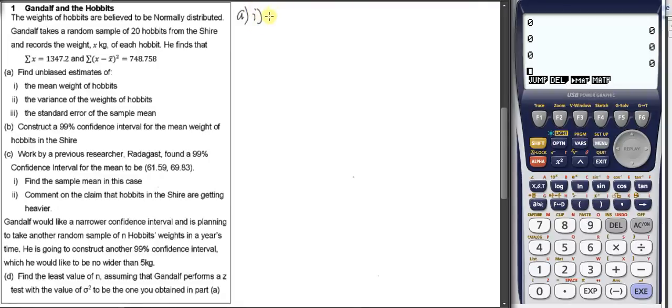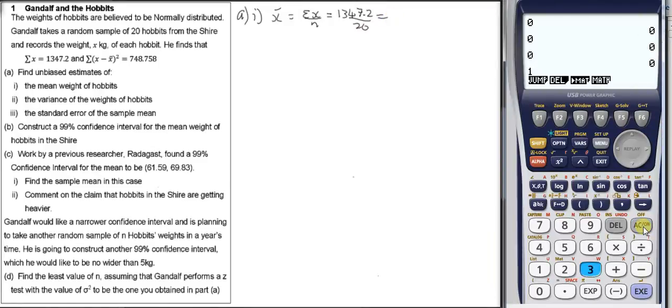So the sample mean, x bar, is the sum of x over n, which we know is 1347.2 divided by 20. I'll just do that on the calculator. And we get 67.36.